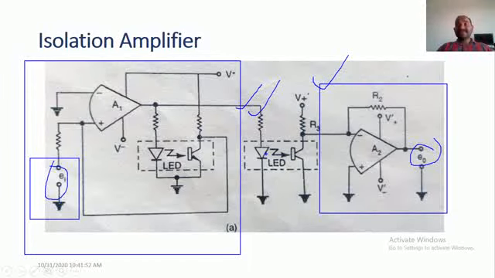using the LED phototransistor. LED phototransistor means it is sending the information in the form of light, and here we are using the phototransistor. This LED will get on and off, and the base terminal of the phototransistor is sensitive to the light.